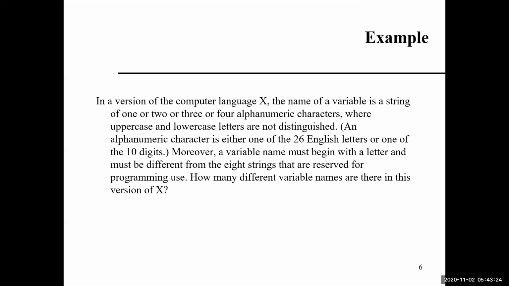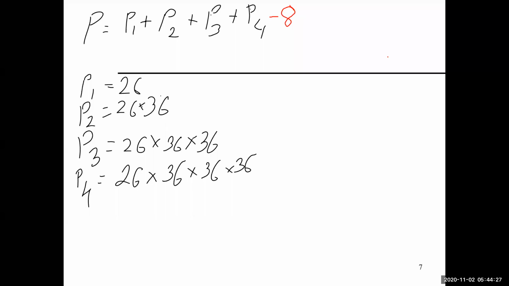programming language X? So let P be the number of variables that can be generated. P1 be the variable names of length 1, P2 of length 2, P3 of length 3, P4 of length 4, and it is given that 8 reserved words are there, so they cannot be used as variable names. For P1 we can have 26 variables, for P2 26 times 36, as the second character is alphanumeric.